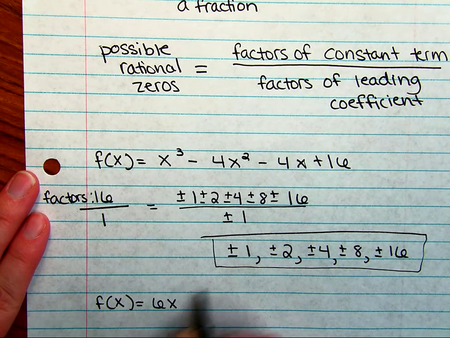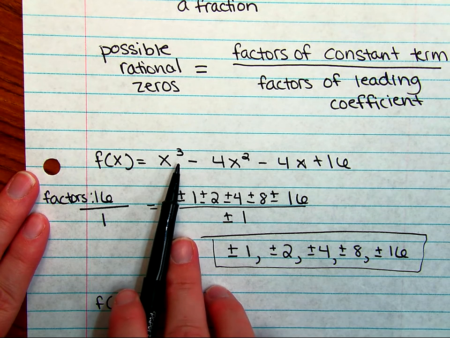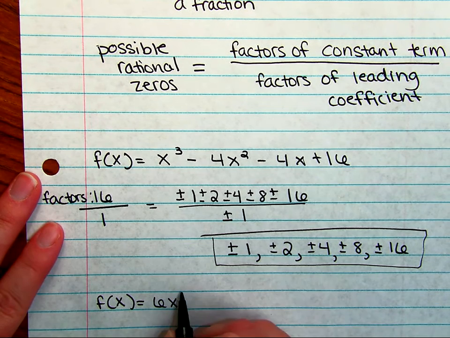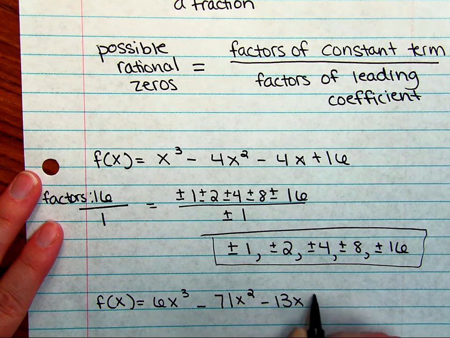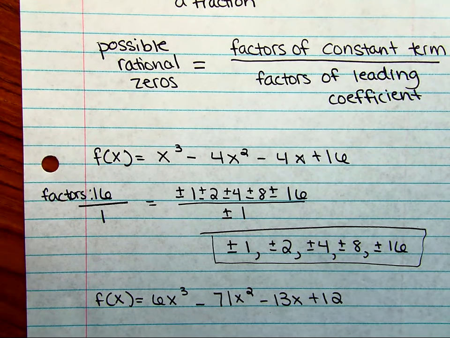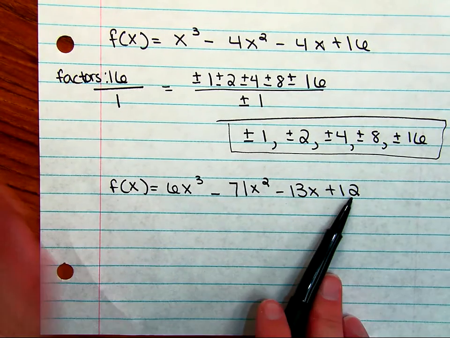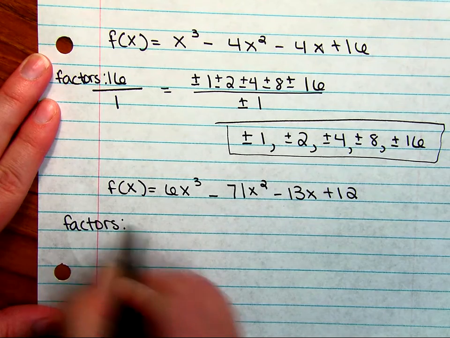Again, these are not all of the possible ones. We know this one can have at most 3 real zeros, but here's some possibilities. So we've got 6x cubed minus 71x squared minus 13x plus 12. Make sure you don't get these backwards. A lot of times people will put factors of 6 over factors of 12, but that constant goes in front.